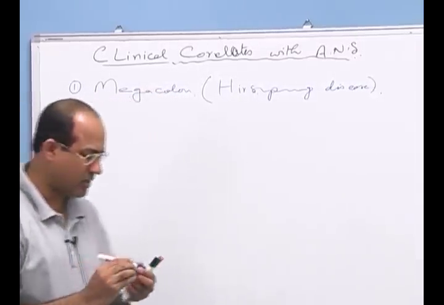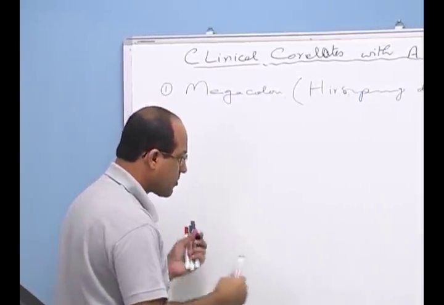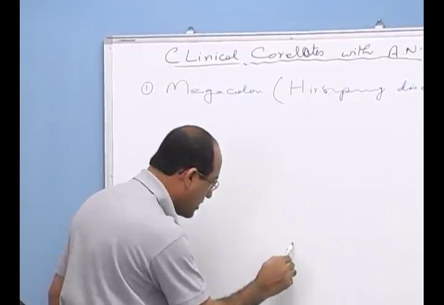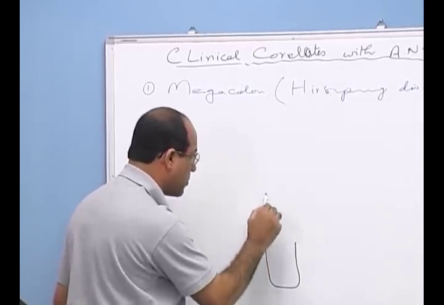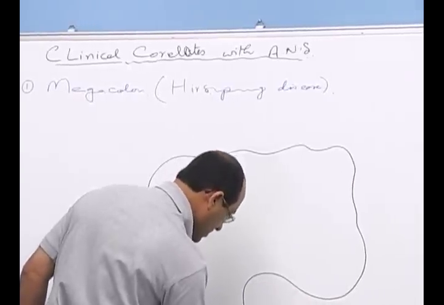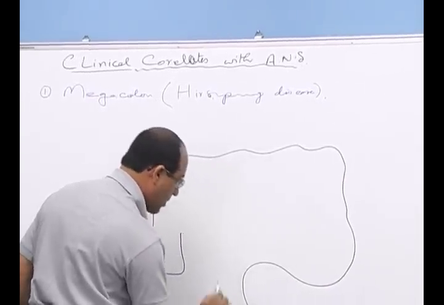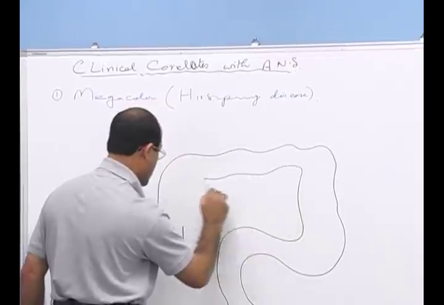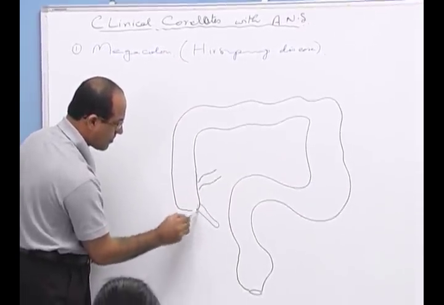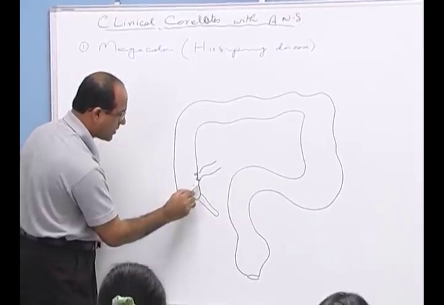In Hirschsprung's disease, what really happens is the problem is with the migration of neural crest cells. Normally, in the colon, let's suppose I draw the colon here. This is the ileocecal junction.